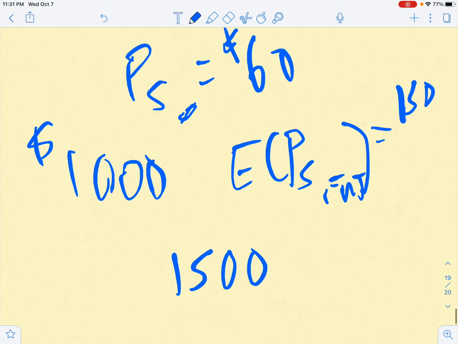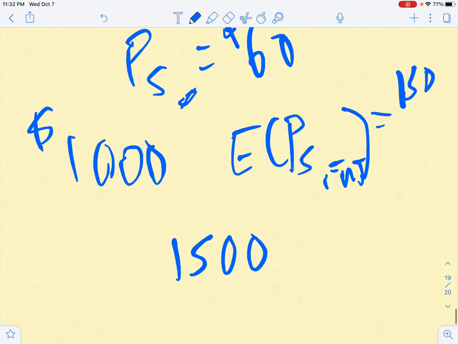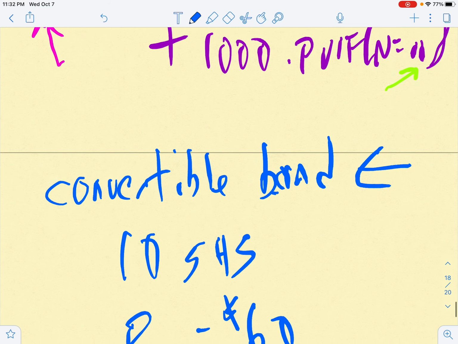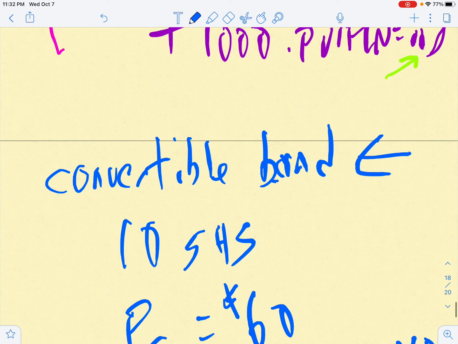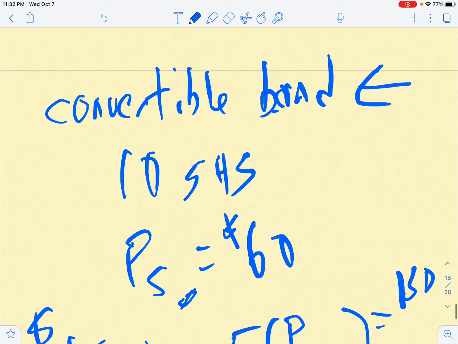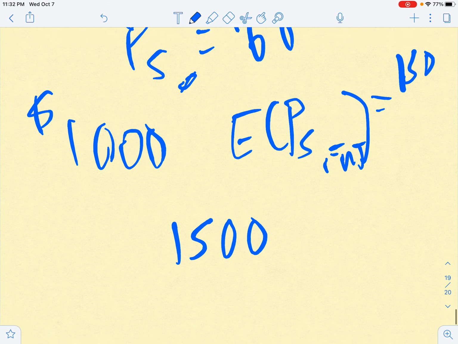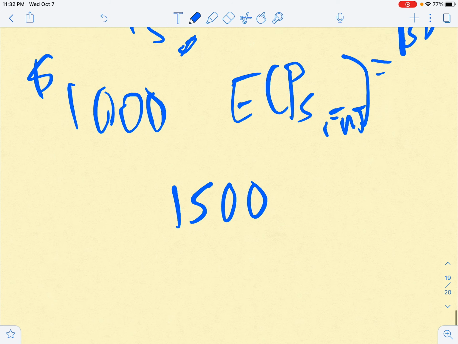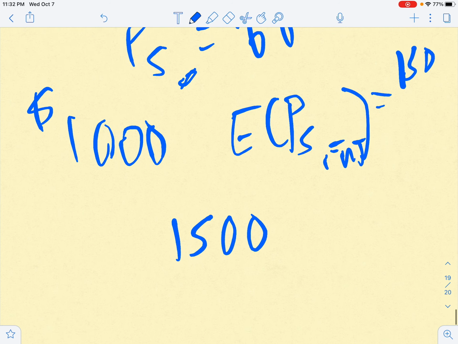The reason you need not convert the bond is that at least while the convertible bond is in existence, hasn't matured, its price, the price of the convertible bond, has to reflect the stock price.